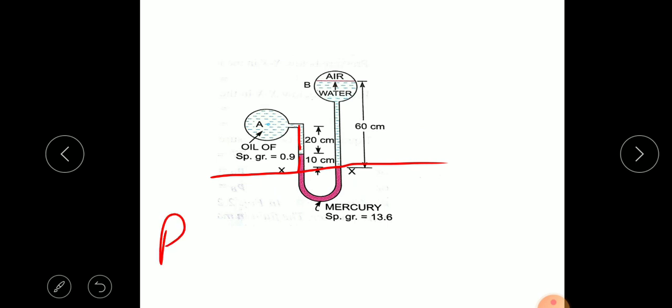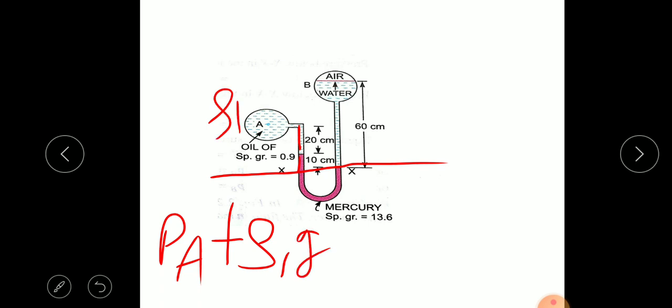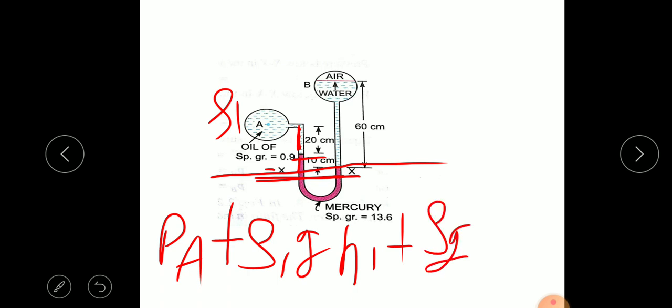So on the left side the pressure will be PA, which is unknown, plus the density of the oil, suppose rho 1, into G, the height of the oil being 20 centimeter, suppose H1, plus above XX 10 centimeter of mercury. Its density is rho G into G, height 10 centimeter, suppose H2. So this is the pressure on the left side.